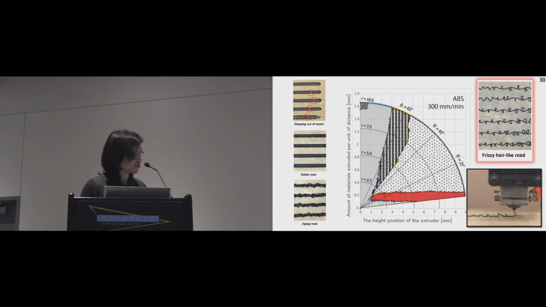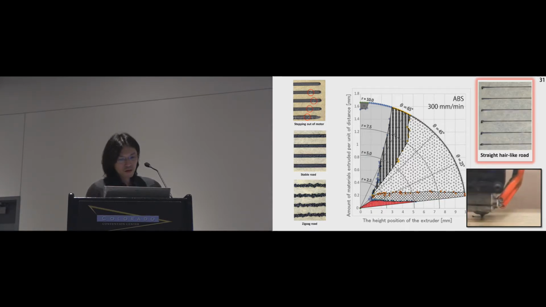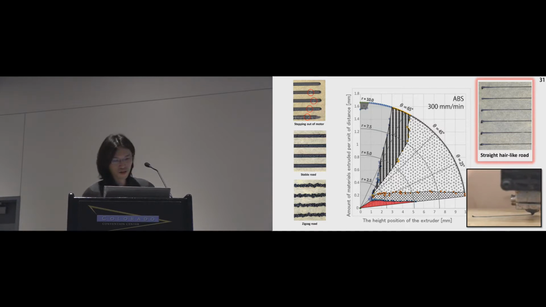So we have two hair-like structures. This seems to be printed depending on the amount of material. So you can see a rectangular area, horizontal lines in the distribution. The last one is almost the same as 3D printed hair, small amount of materials pulled by the nozzle and printed in mid-air.